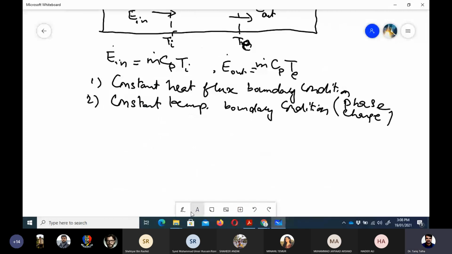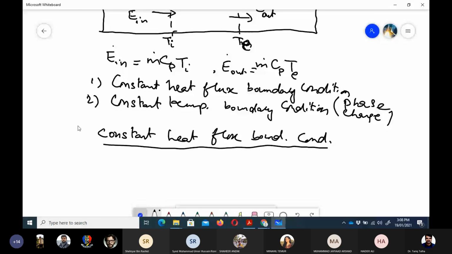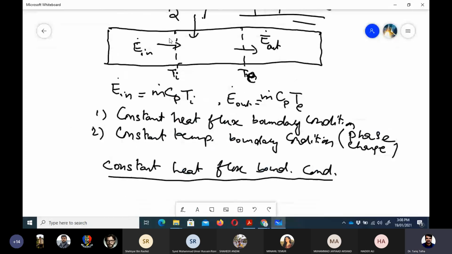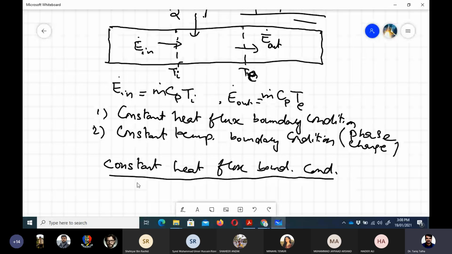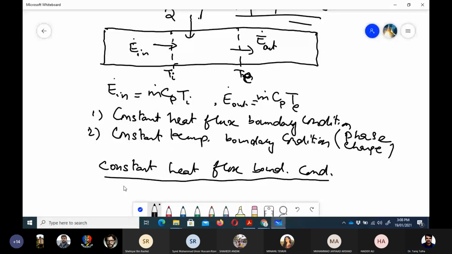So for the constant heat flux boundary condition, if we assume that this Q which is coming in, because the heat flux is constant, we can say the heat flux value at the surface is Qs.